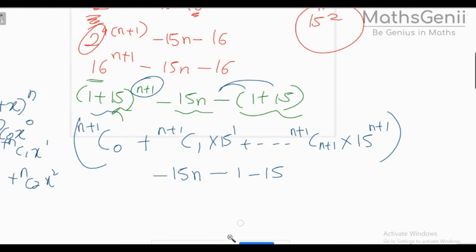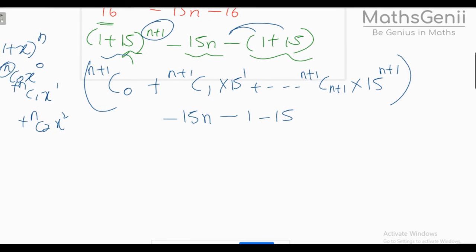Okay. Now let's just solve this. Remember, moments back I told you one thing, that whenever you have 0 here, anything, so 9C0 is 1, 100C0 is 1, (n+1)C0 is also 1. Plus here you have 1, so only this term will come as it is, into 15 raised to 1 is 15 only.